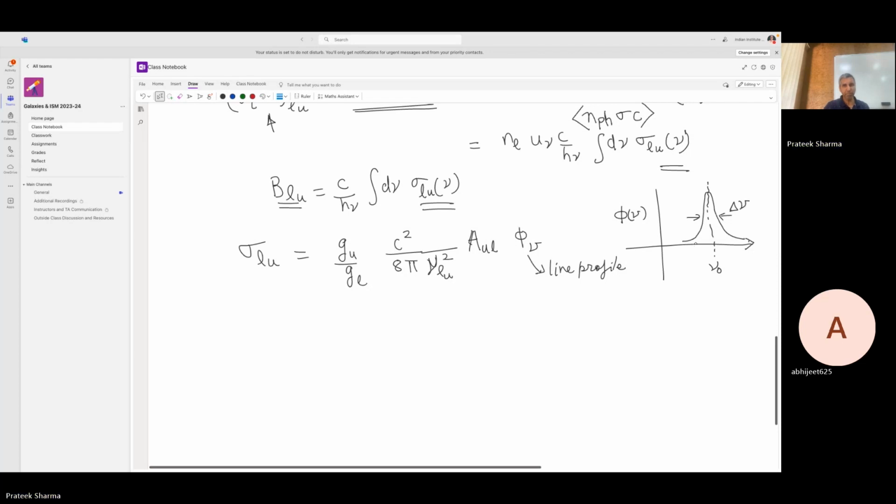Okay, so this is the line profile, and it is defined such that the integral of phi nu d nu equals 1. The area under the curve is 1, and if the line is very sharp, phi nu is like a delta function, where the integral of delta nu minus nu naught d nu is just 1. Okay, so this is about line profile.